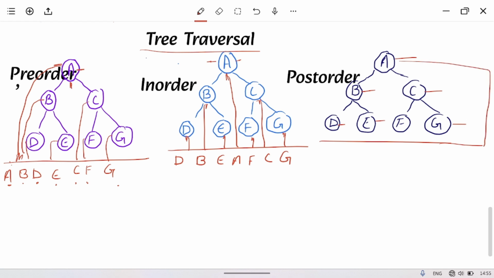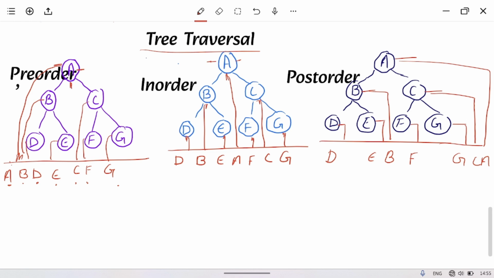First connect this, this, then connect this. This is D, this is E, this is B, this is F, this is G, this is C, and this is A. Now scan from left to right.